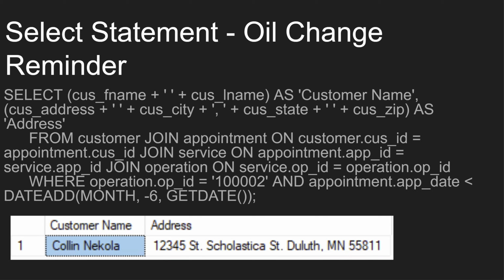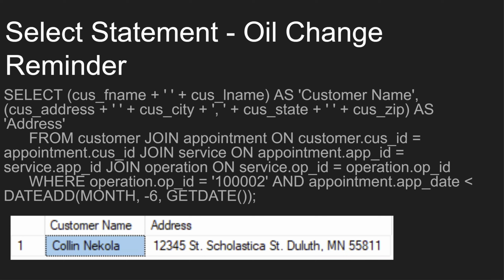So this is from the customer table joining the appointment table, joining the service table, joining the operation table. It needs to do all these joins so it can do the where statement because it checks where the op ID matches the op ID for an oil change.